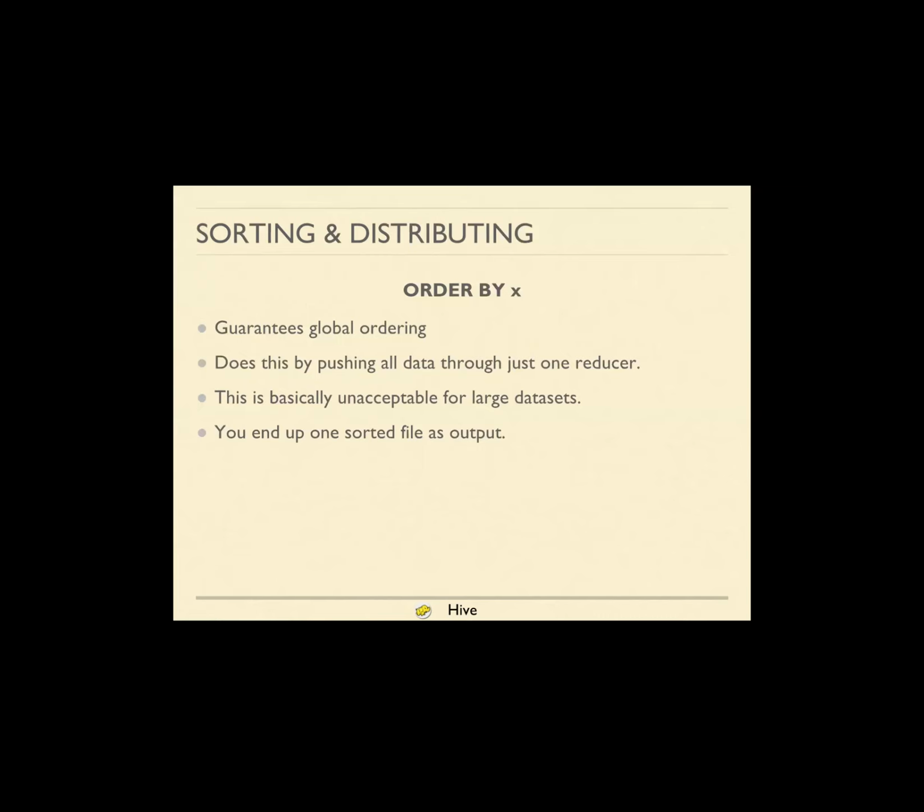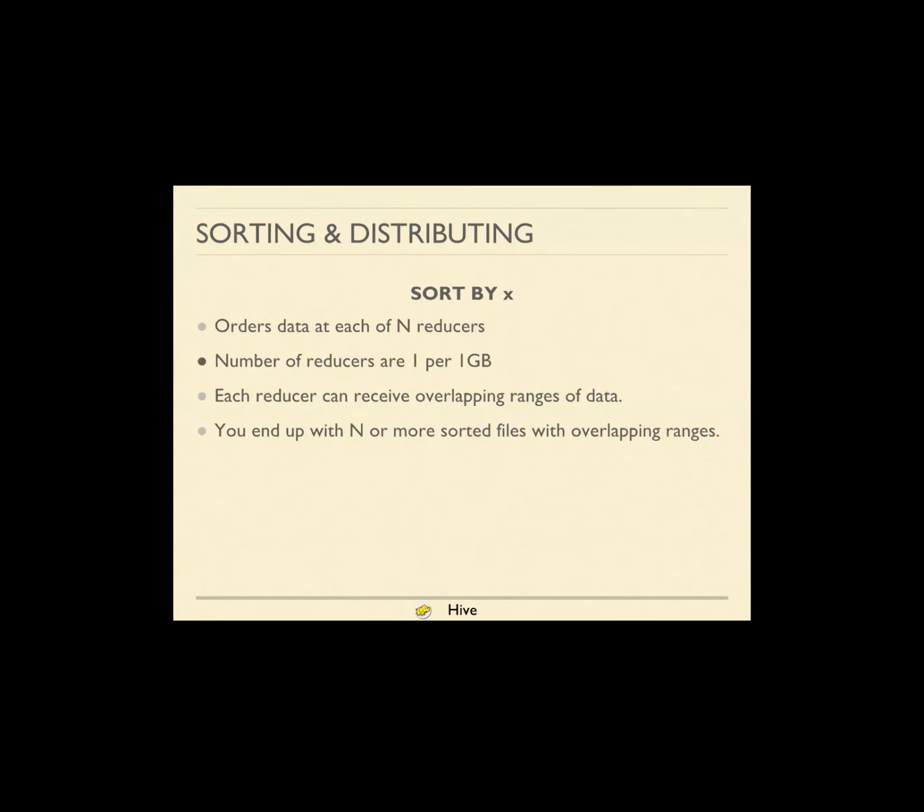When we say select star from u_data order by movie ID, it ensures there is just one reducer internally, because every Hive query uses MapReduce, and by default order by is going to use a single reducer. That was not acceptable, so people came up with the idea of sort by.